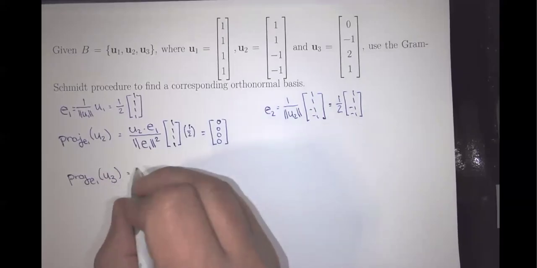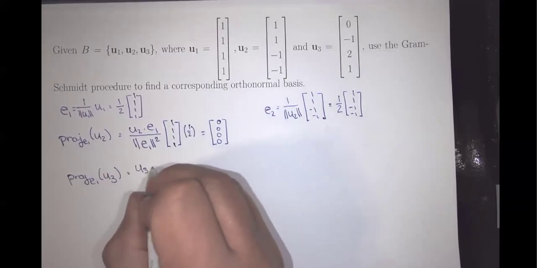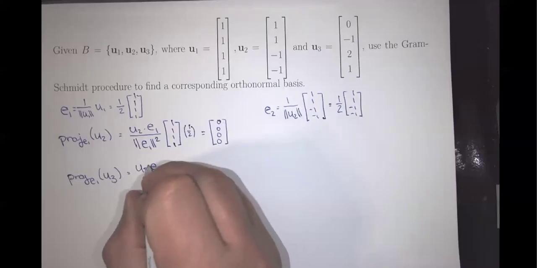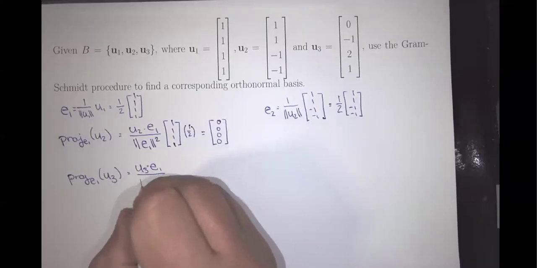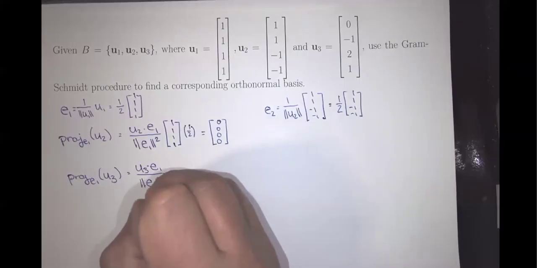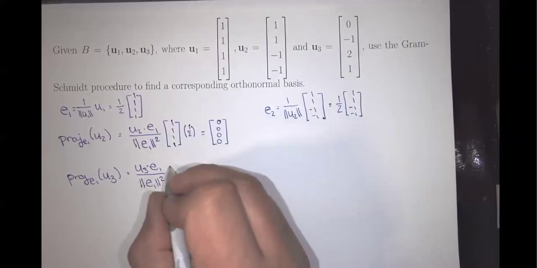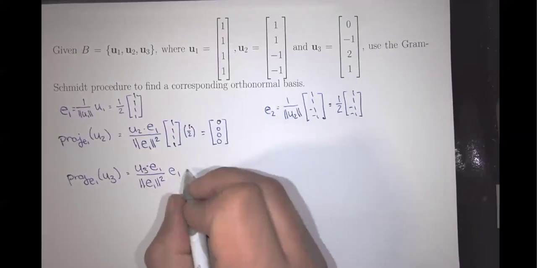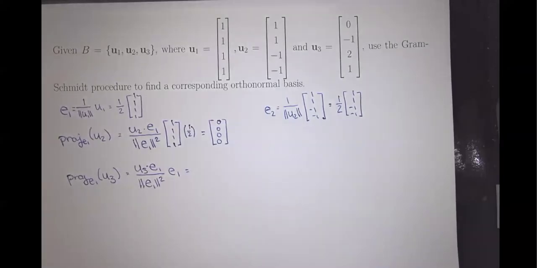So that's U3 dot E1 over length of E1 squared times E1, and length of E1 squared is 1.